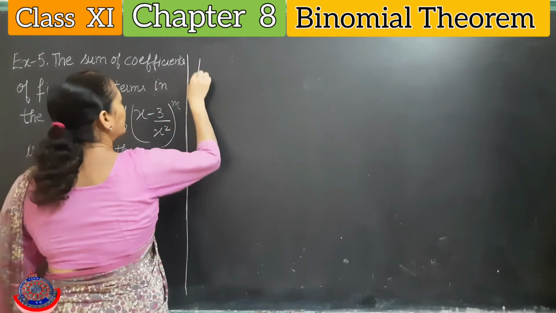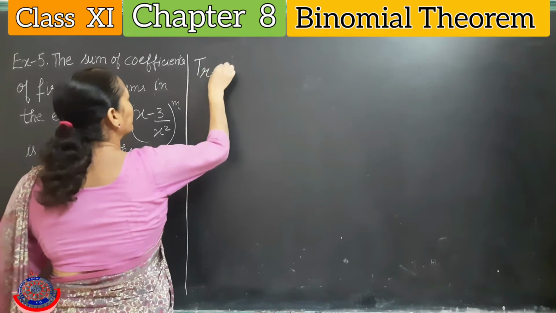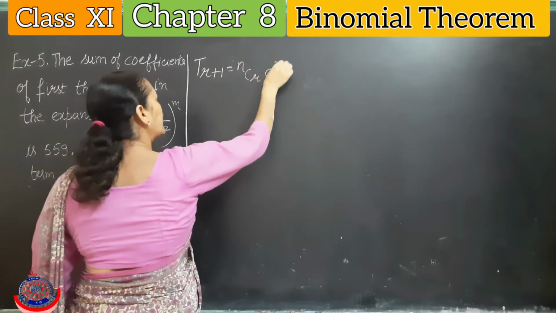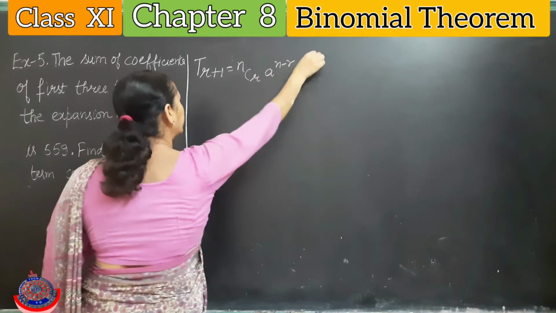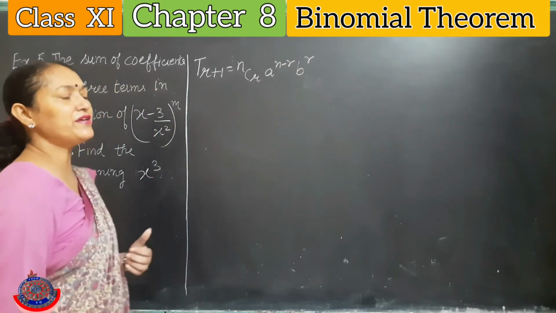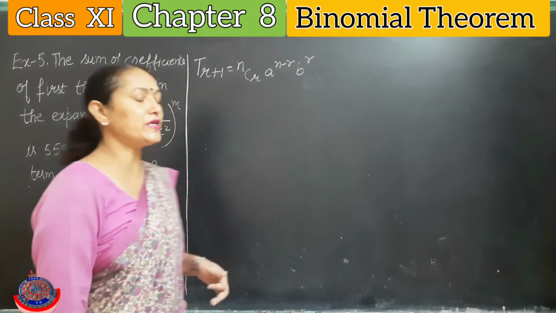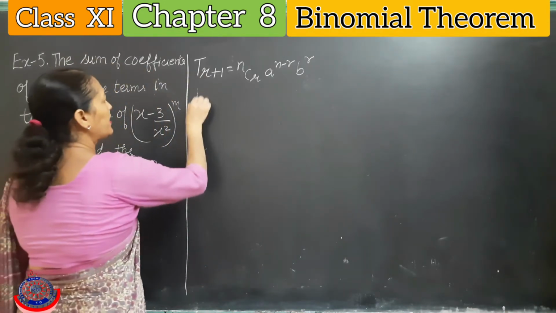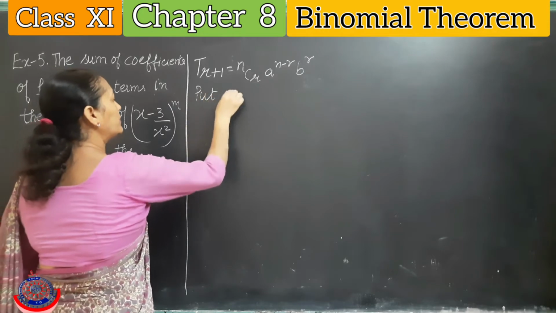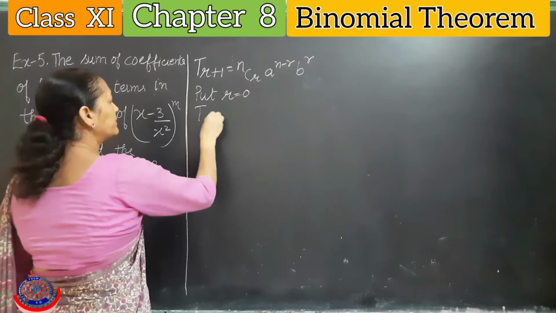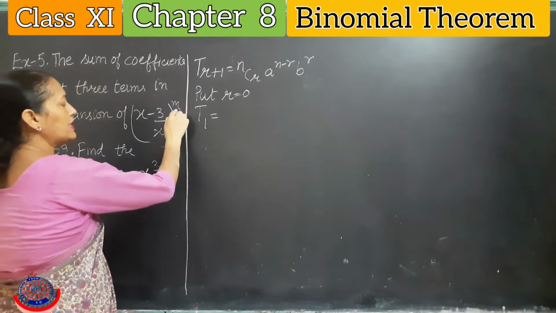First of all, if we write the general term, nCr a^(n minus r) b^r. Now they are saying first three terms. For getting the first term, we put r equals 0 here. If we put r equals 0, we get 0 plus 1, which means first term. And n they have given as m.